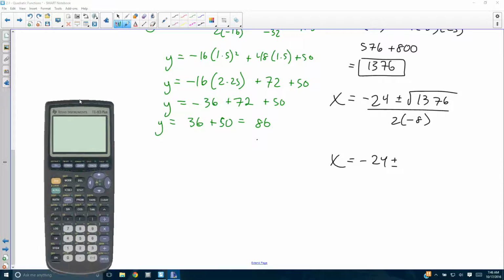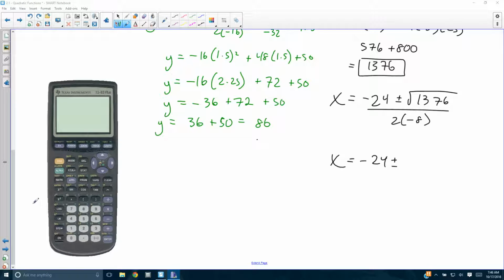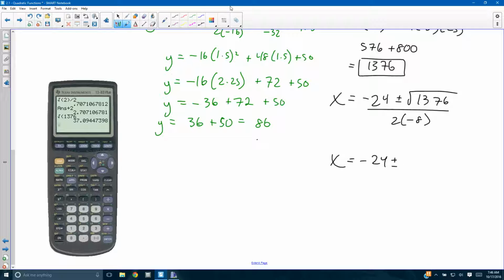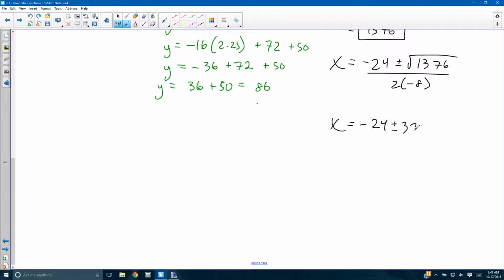Let's see what that is. I have no idea. Yeah, see, it's nothing great. So I'm just going to kind of round it here. It's about 37.09. Don't worry, when I calculate this, I'll use the exact number, over negative 16.